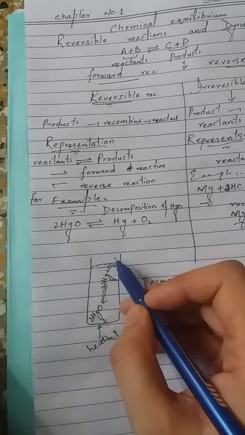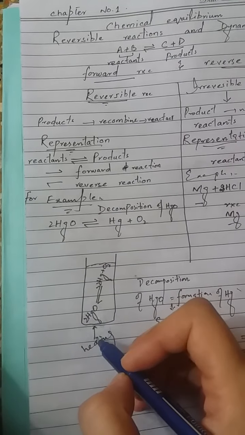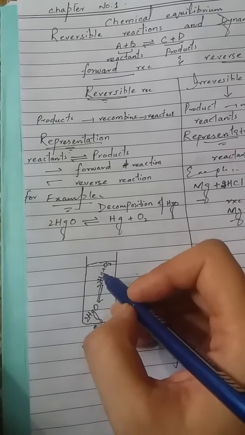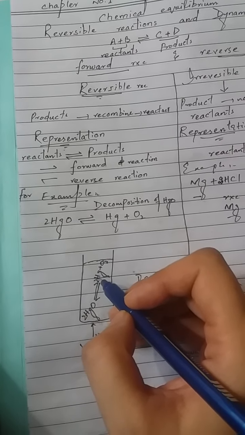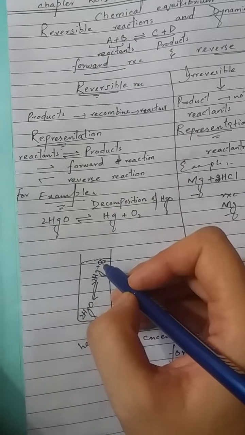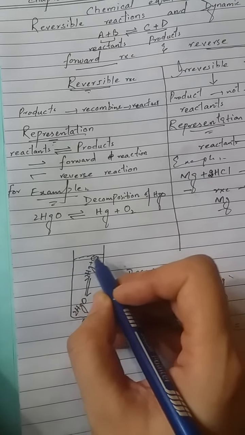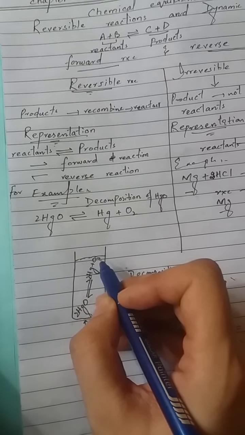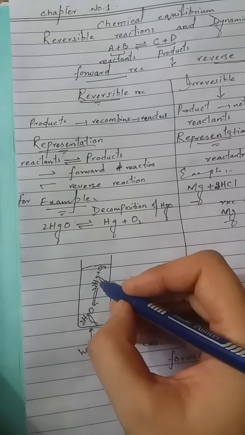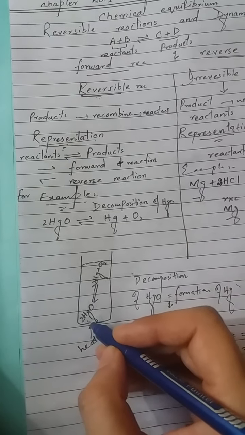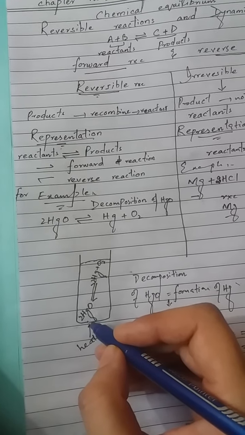When the mercuric oxide is heated in the closed test tube, it produces mercury, Hg, and oxygen, O2. Since the test tube is closed, mercury and oxygen react with each other again and form mercuric oxide again.